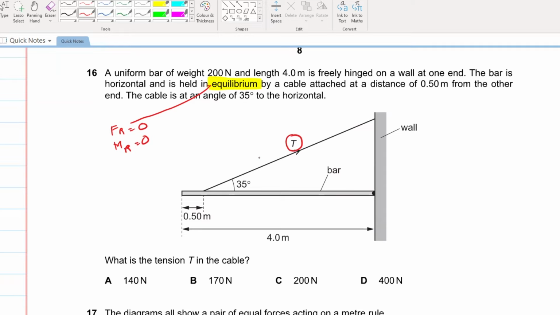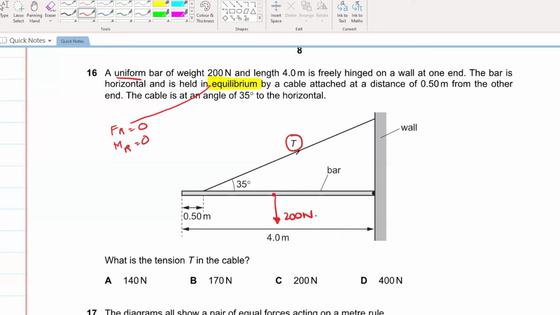First of all, you need to realize that this is a uniform bar. Can you see the word uniform? What does this word uniform mean? This word uniform means that weight will act exactly in the middle.